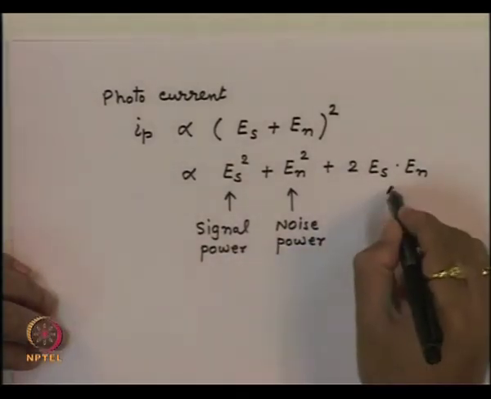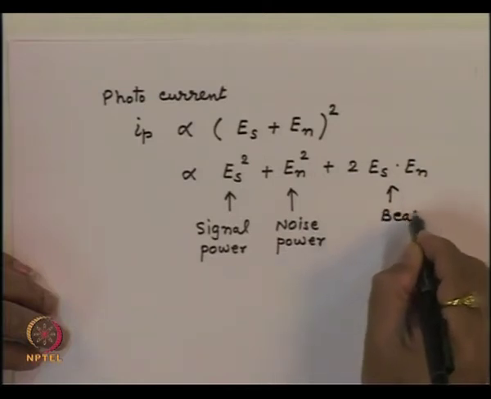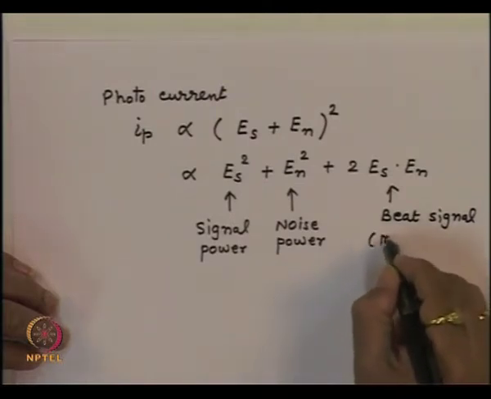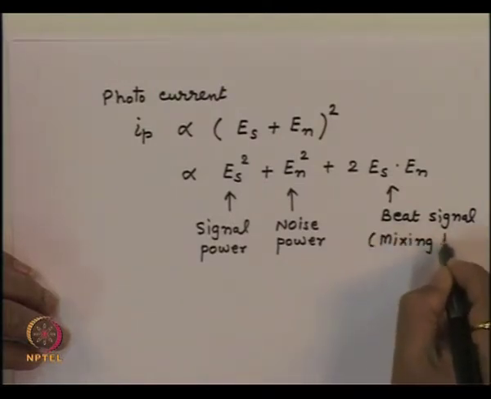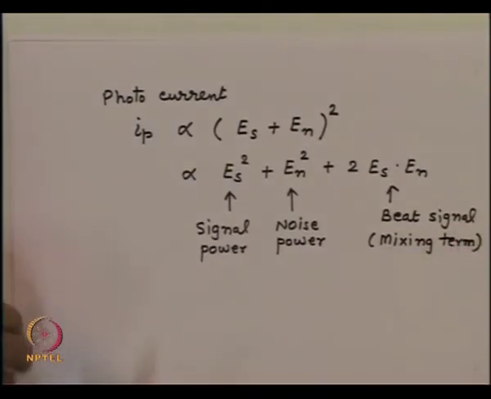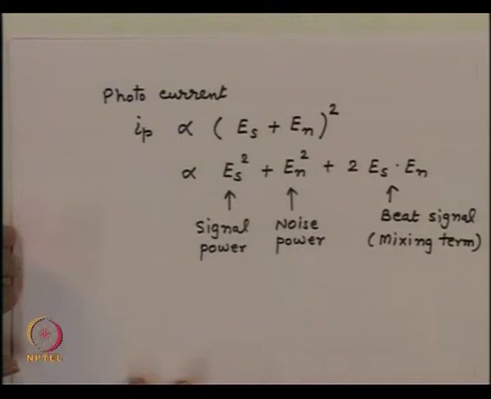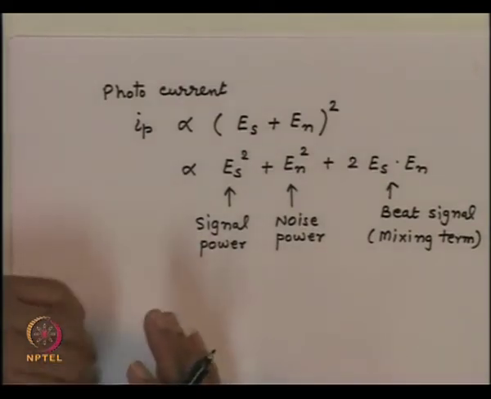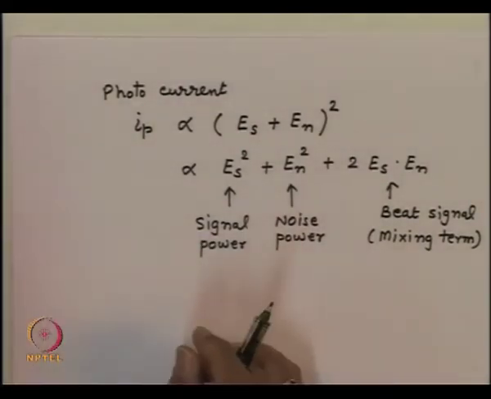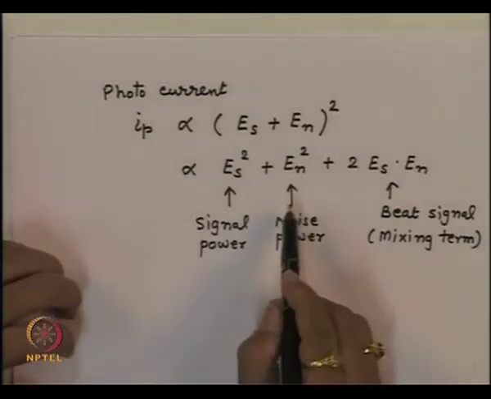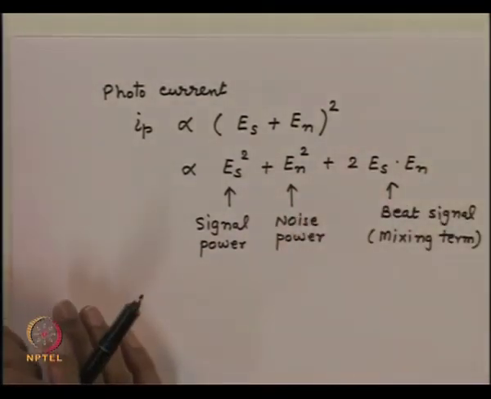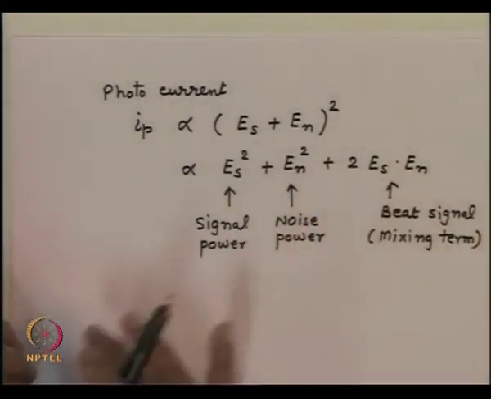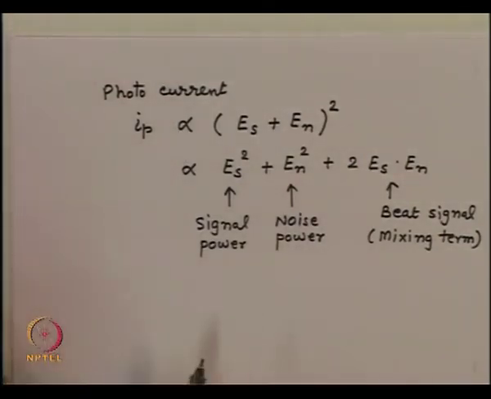This is what is called the beat signal, or the mixing term. So the output power which we are going to get is because of the signal power and also the noise which contributes because of the ASE. And this ASE term also depends upon the signal, because the photodetector essentially does some kind of mixing of these two.